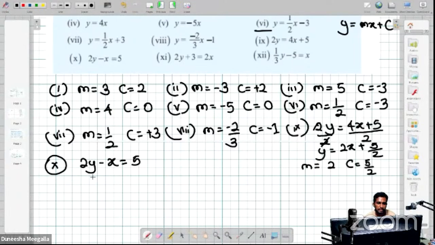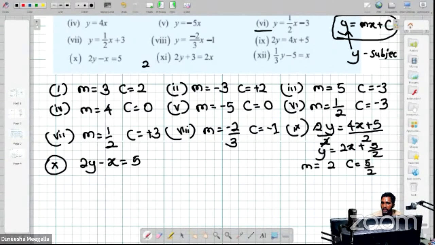How did you get it? Now you have to make y the subject. What is the subject of the equation y = mx + c? y is the subject.